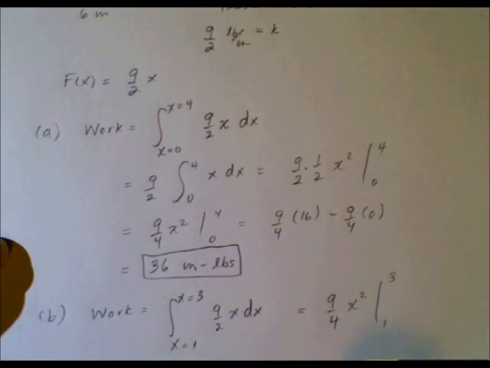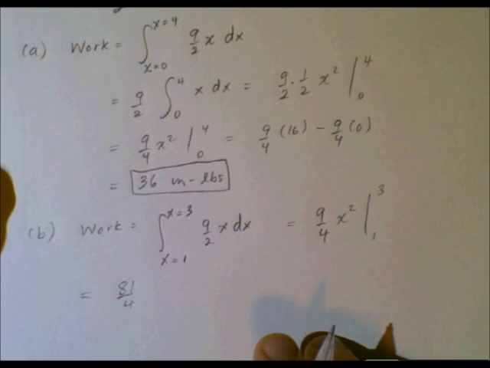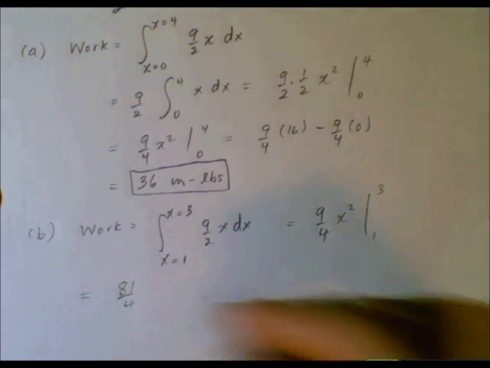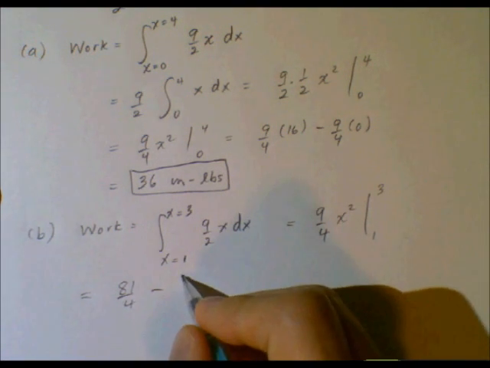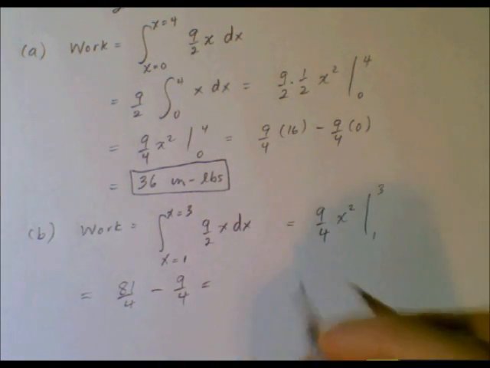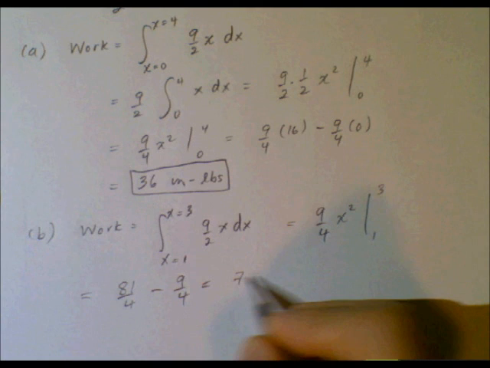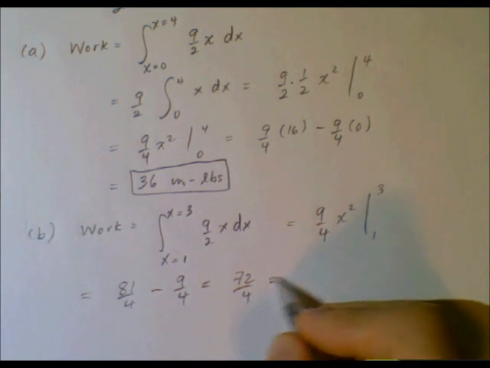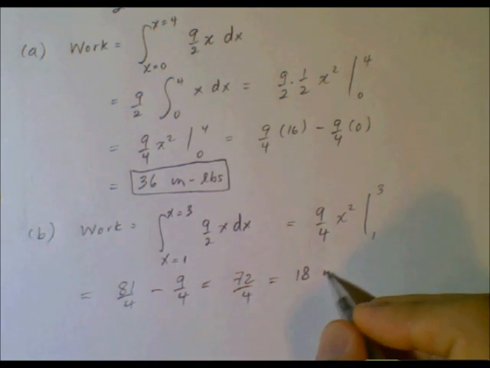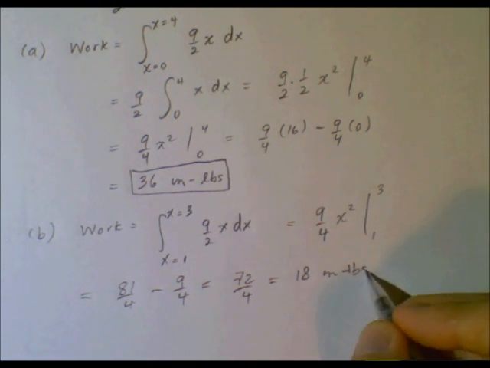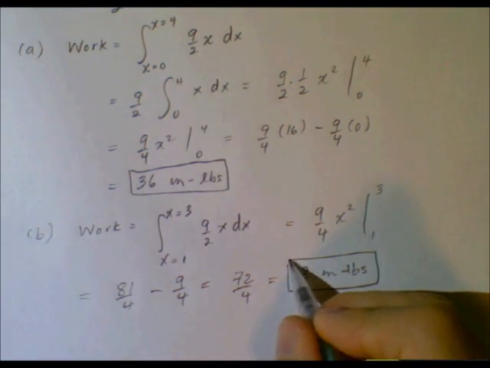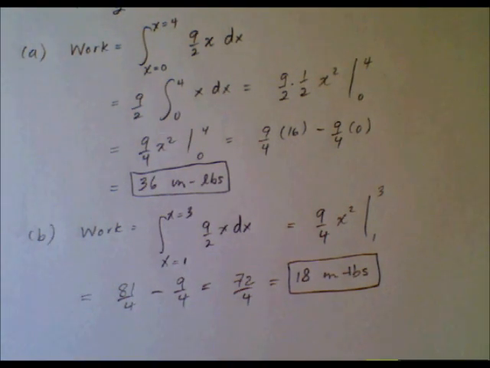Plug in 3. 3 squared is 9 times 9 is 81 fourths. Subtract what you get when you plug in 1 for x. What is that, 72 fourths, which is 18. And again, the units are inch pounds. There we go. Not too bad.